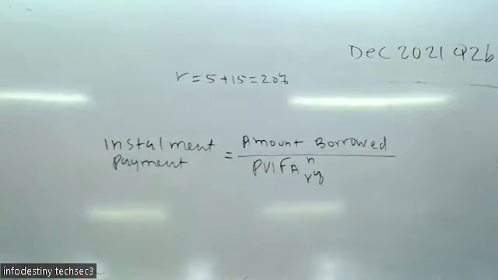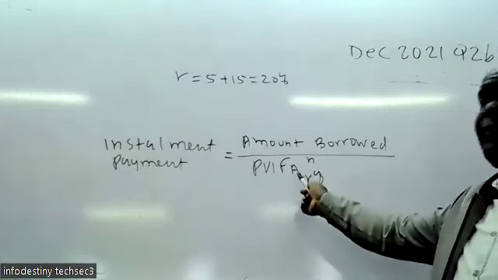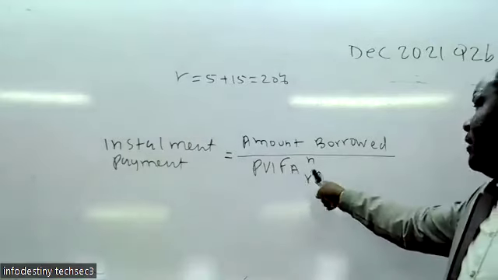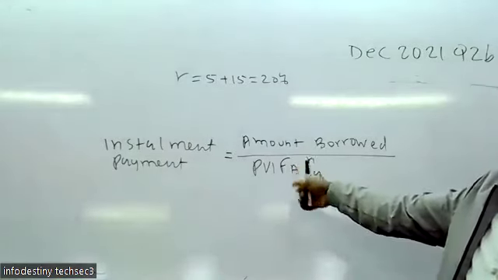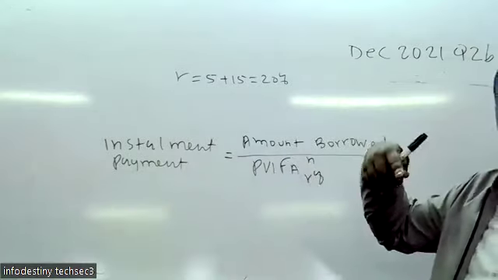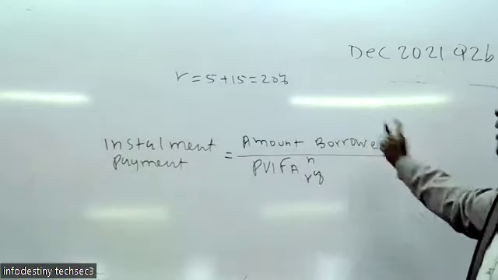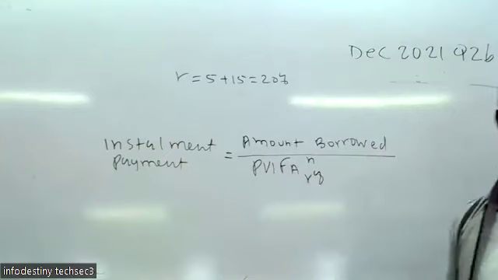Simply take the amount borrowed. Then go to the second table, that is the present value interest factor for the annuity. You take the interest rate, then N, the loan is for how many years? So you get the figure from the second table, that annuity table. Then you come up with the installment.